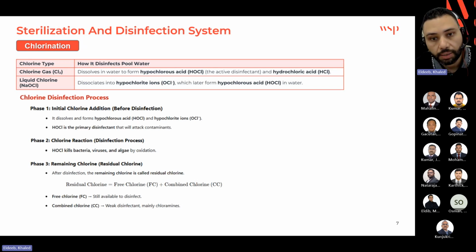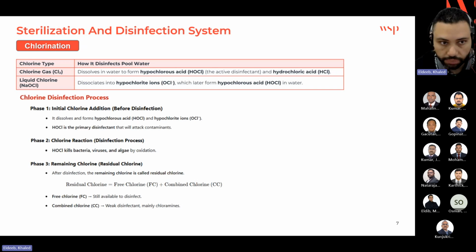So to understand what happens to chlorine during disinfection, let's break it down into three phases, as we see on the screen. Phase one, before disinfection: when we add the chlorine to the pool, it dissolves and releases hypochlorous acid.